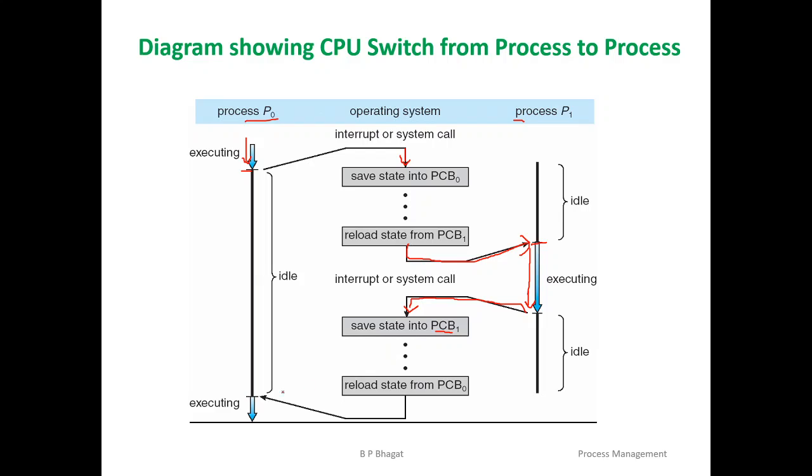Later on, if we want to continue execution of process P0, the contents or the state from PCB0 of process P0 is reloaded and the execution of P0 starts. In this way, whenever we switch from one process to another, the state of the process is saved into the PCB of the respective process.